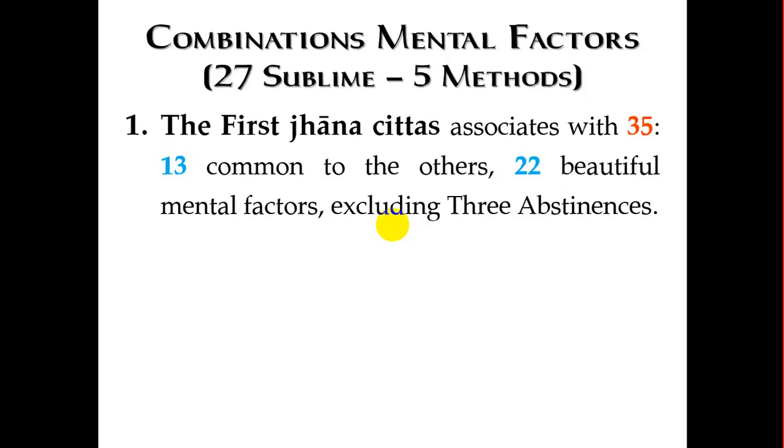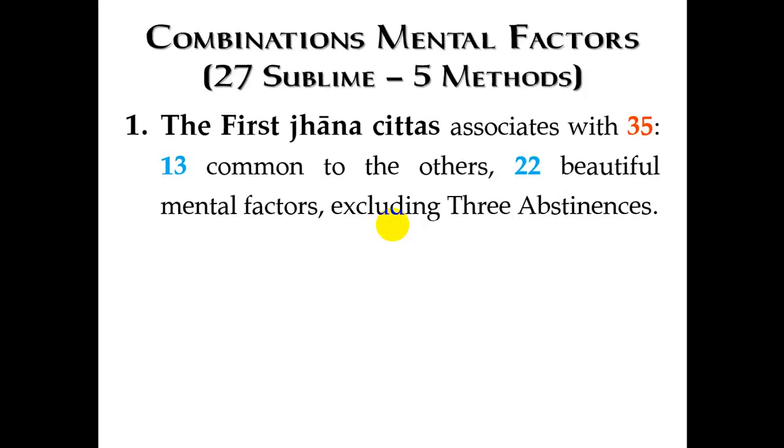Actually, I think you're confusing association and combination. Because in association, for Vitaka we had 11 first jhana chittas. Sorry, actually it's 44. Then we added the first jhana factors, 11 of them. It's not like this.